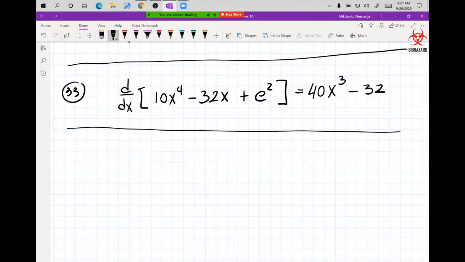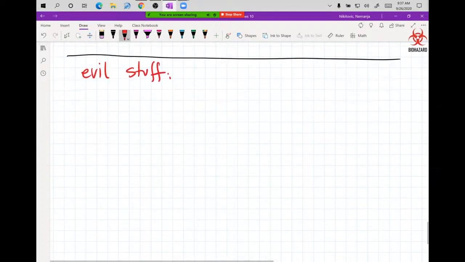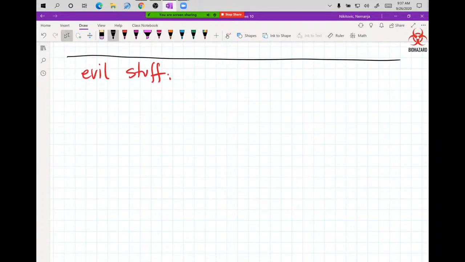So here is evil stuff. The derivative of, and this is designed for you to make a mistake. It's literally designed for you to make a mistake.